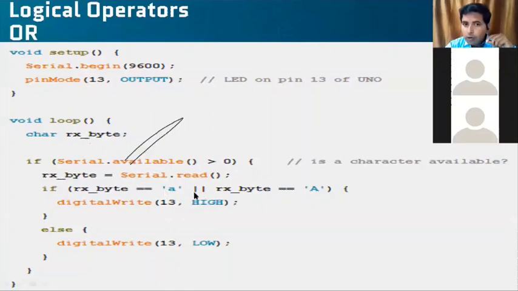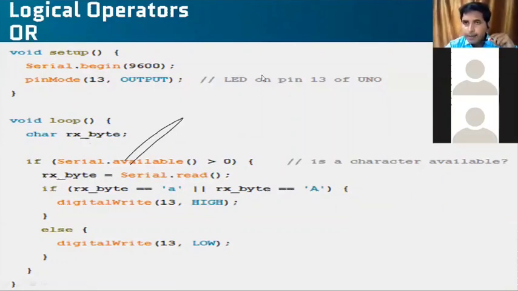Either small a or capital A. If you type a small a, it will display, or if you type a capital A, it will display. If you type other than these two letters, it won't display. For that reason, I'm putting an OR operation. Small a or small b. For such a thing, I have to write this program.